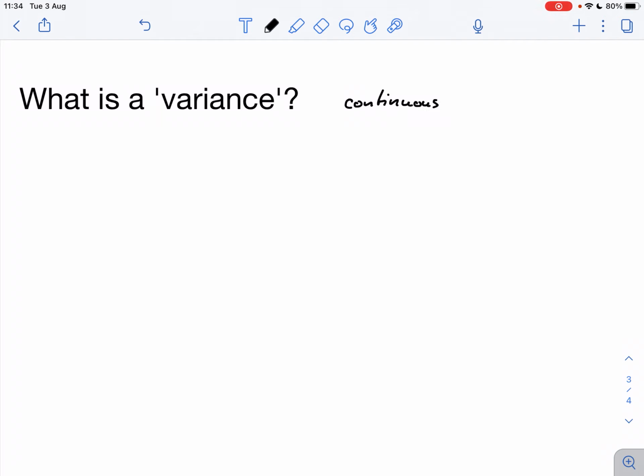I want to say that different data formats, so count data or proportional data, have different ways of calculating such a variance. And I think the best way to explain what variance is to use an example. So let's say I make some measurements.